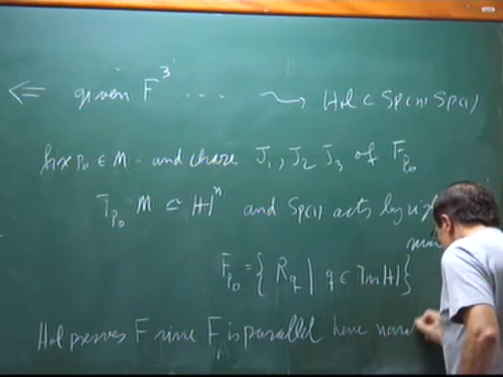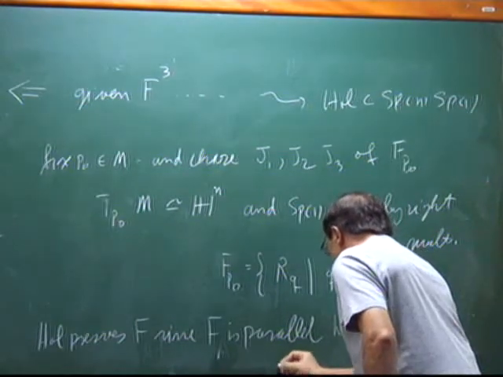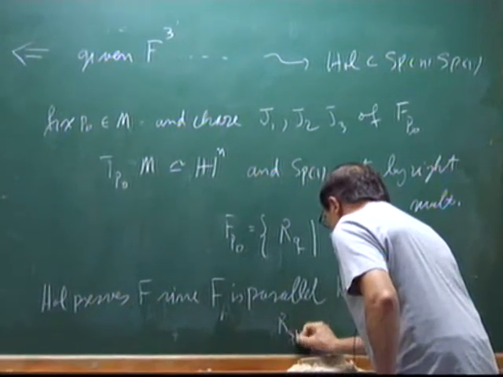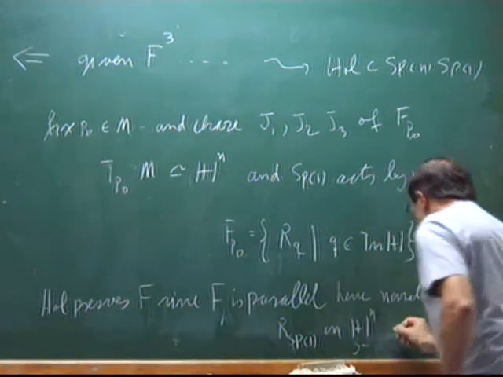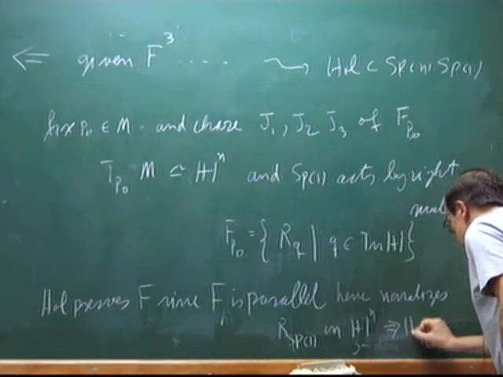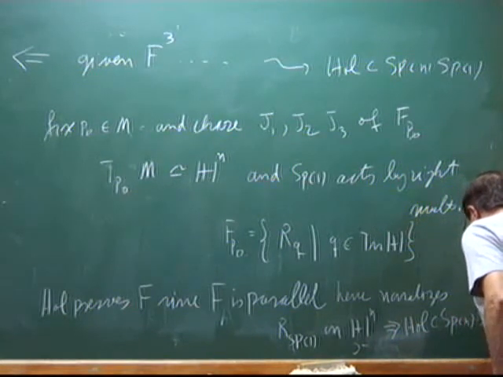normalizes the right action by Sp(1) on H^n. And now by the lemma, this implies that Hol is contained in Sp(n)Sp(1).